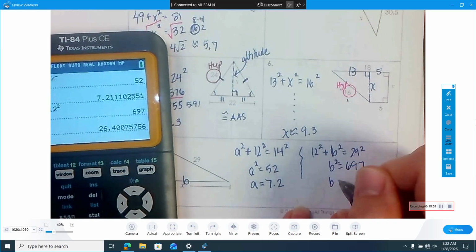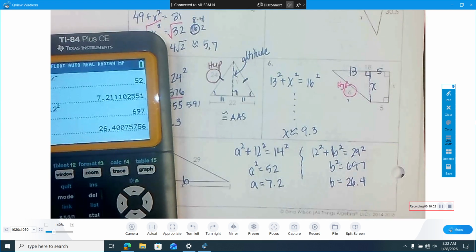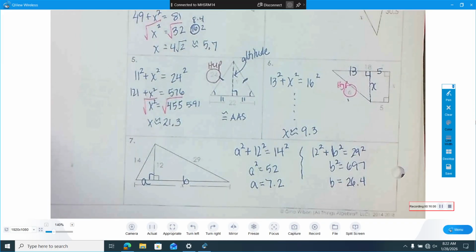All right, so I get A is about 7.2 and B is 26.4.